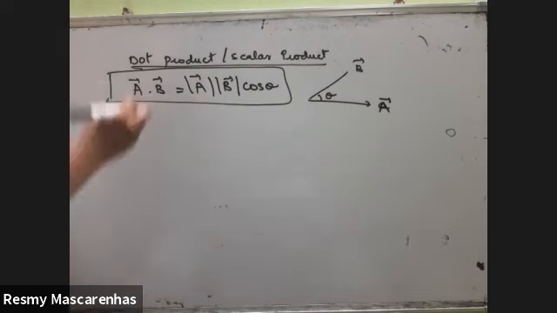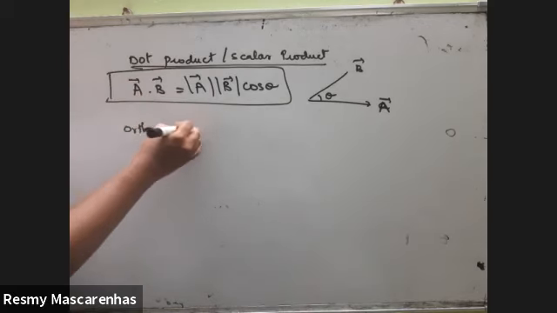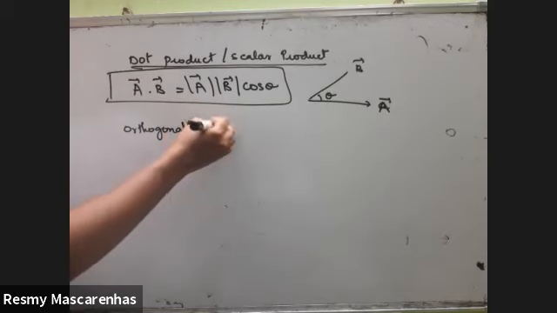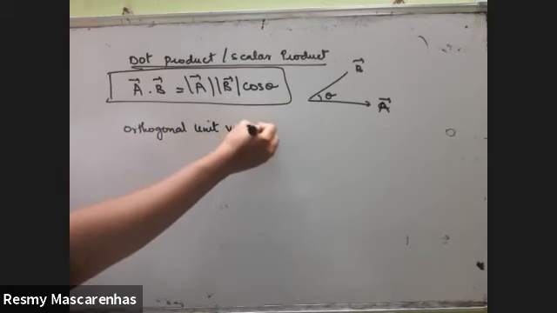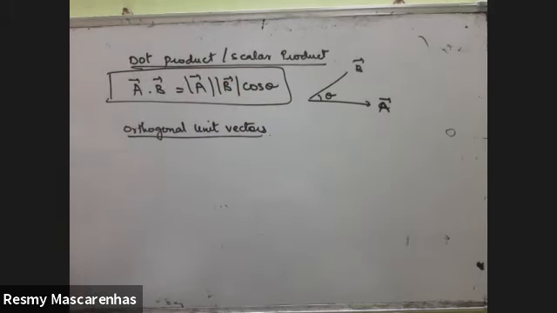Now, what is the dot product for the orthogonal unit vectors? So we'll check. Do you know what orthogonal is? They are all mutually perpendicular to each other.